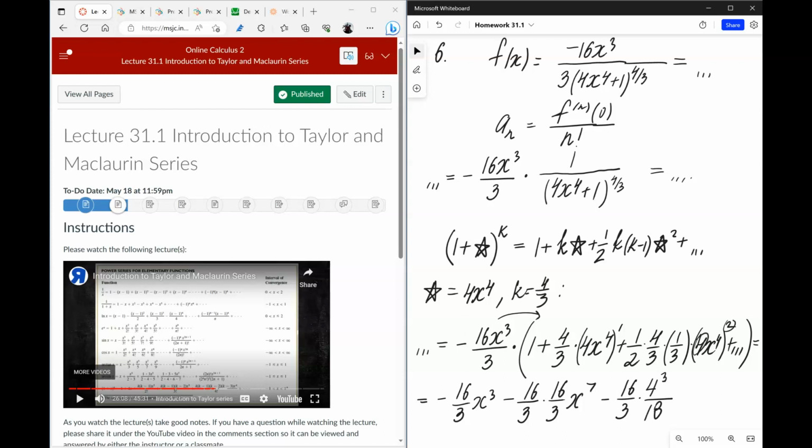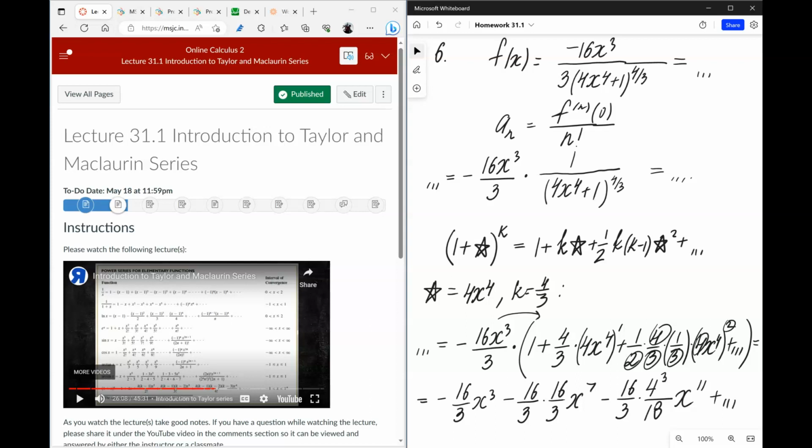This is 4 squared times 4, that's 4 cubed, 2 times 3 times 3, that's your 18. And x will be to the power 8 plus 3, 11. And there is more, right? So this is what we have.